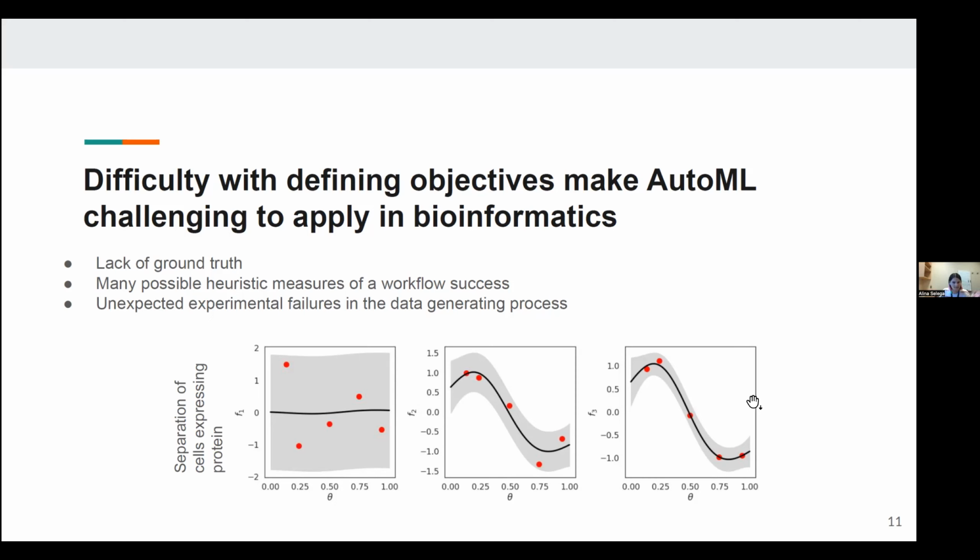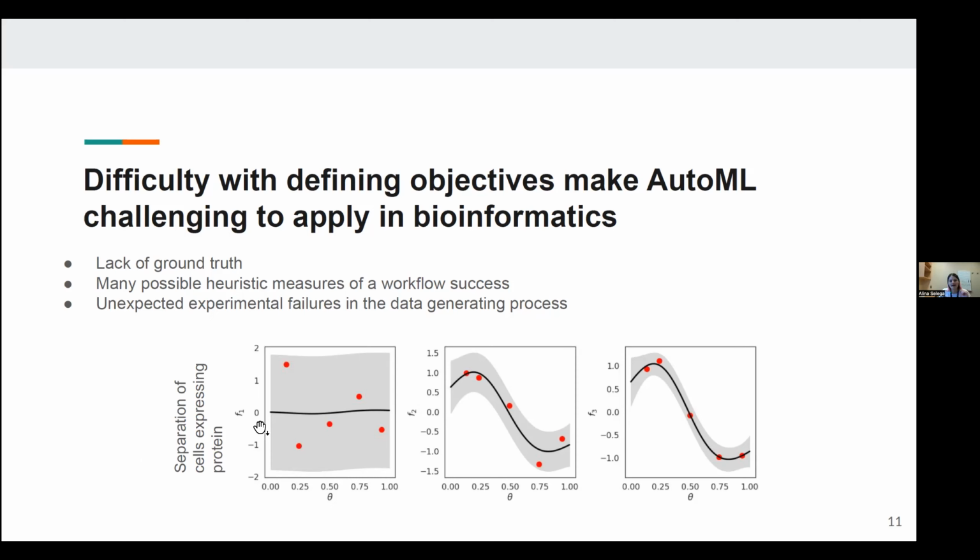So I have 3 here, okay? And then each objective measures some degree of separation of cells that express that protein. And if this degree of separation is high, that means that the cells that express this one protein are separated from others, and that's good, right? Because this is what is biologically meaningful and maps onto my domain knowledge.